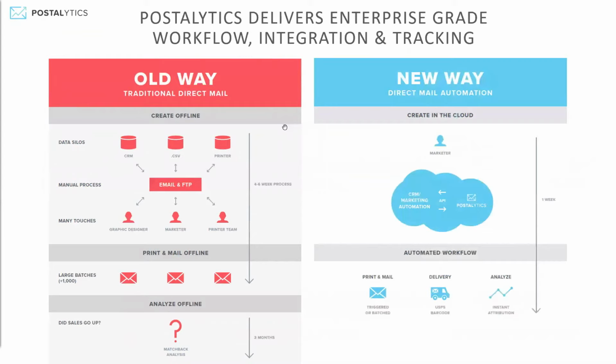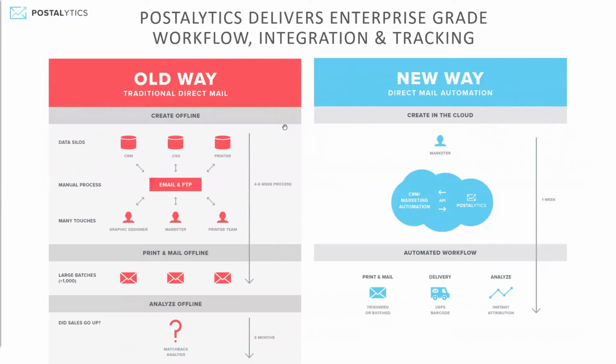So the new way is to do all of this in the cloud. Cloud software has reinvented so many industries, and now it's happening in direct mail. And so by doing all of the creation and production of direct mail in software that sits in the cloud, where there's API interaction between the print management software and the CRM and marketing automation tool, it speeds the entire process up dramatically.